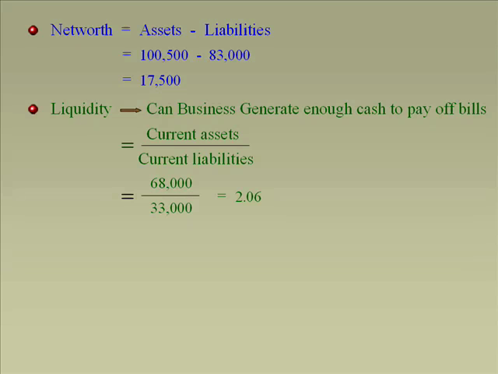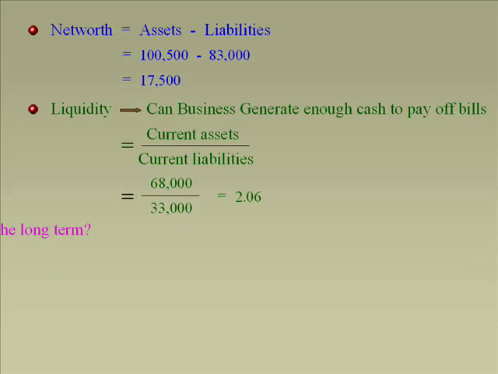Over 2 is good. This person, the Double Surprise Travel Agency, is marginal. Remember, 2 is the cutoff, and they're just at the cutoff point. So the conclusion is they can just generate enough cash to pay off bills.